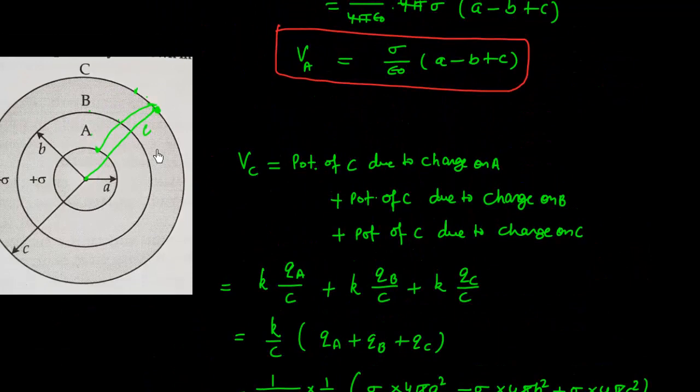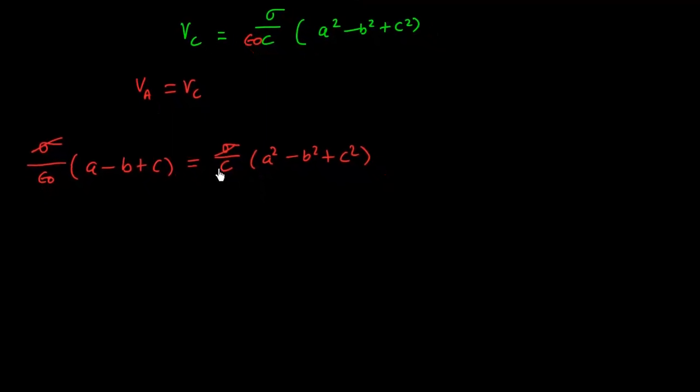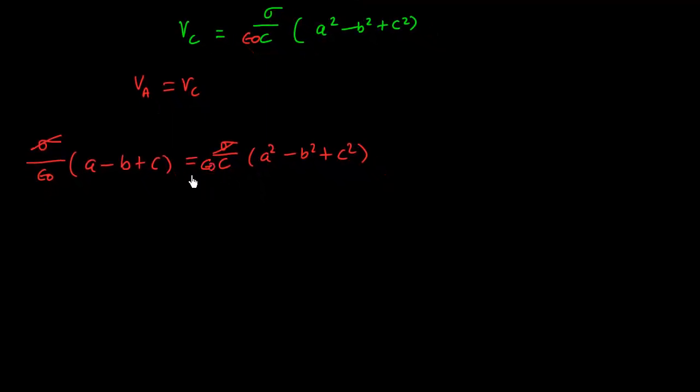Sigma upon epsilon naught into (a minus b plus c), yes, and VC is sigma upon c into (a square minus b square plus c square). There is epsilon naught here also, sorry, it was missed. So sigma cancels and epsilon naught will cancel as well.